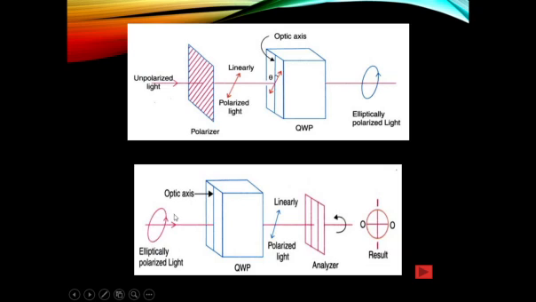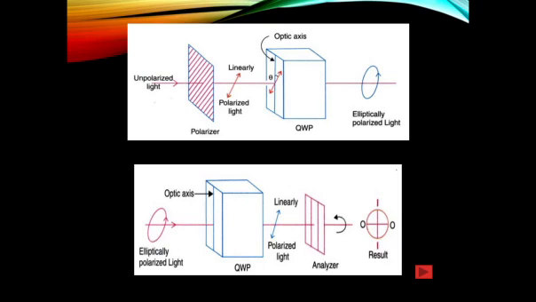If an elliptically polarized light is passed through a quarter wave plate, inside the quarter wave plate it will undergo again a path difference of lambda by 4 or a phase difference of pi by 2. So this elliptically polarized light already has a pi by 2 phase difference. So now again when it is passed through a quarter wave plate, it will have again a phase difference of pi by 2.